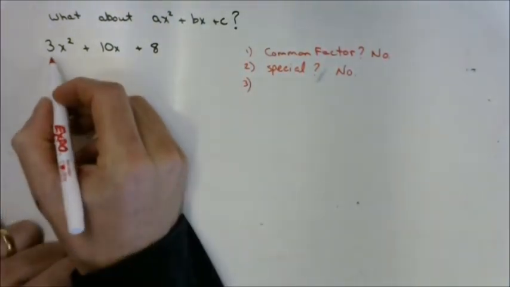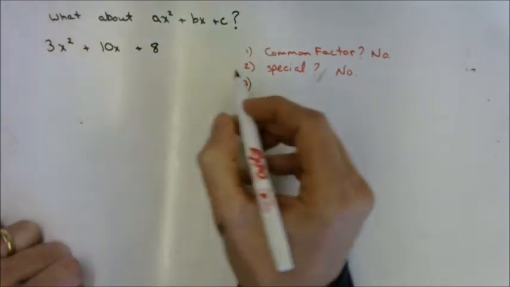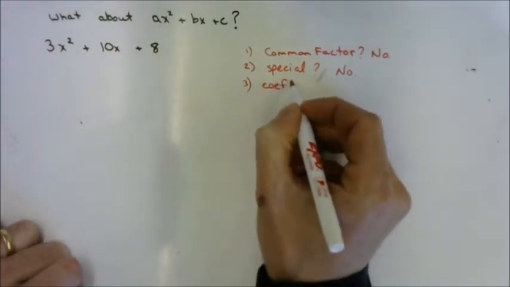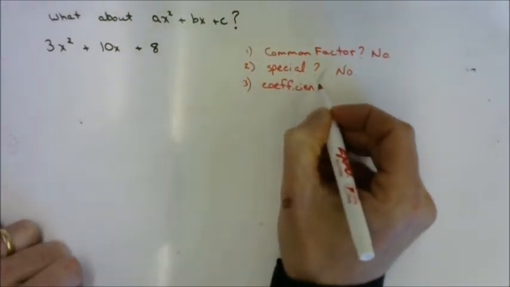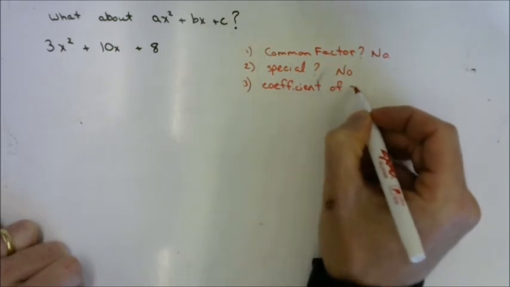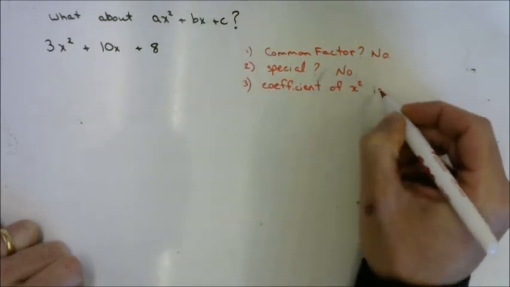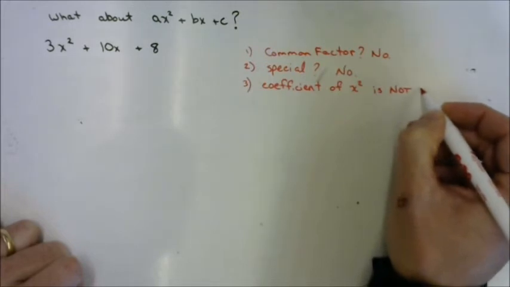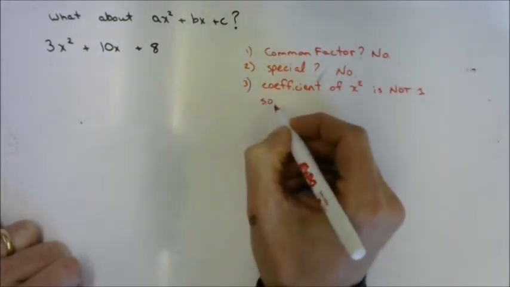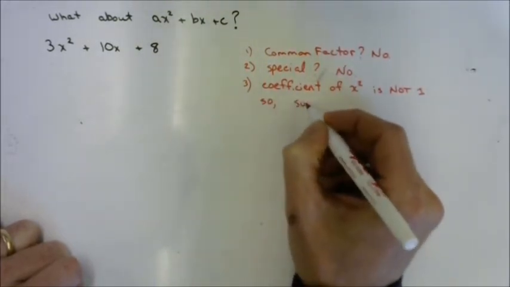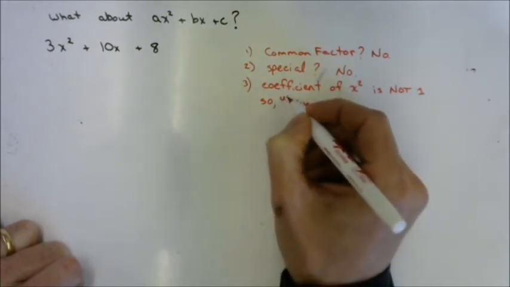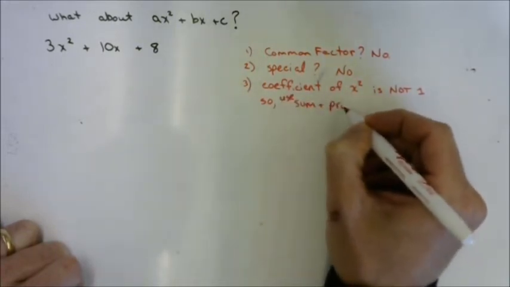Now what I'm noticing, the coefficient of the x squared is not 1. So I'm still going to use sum and product.